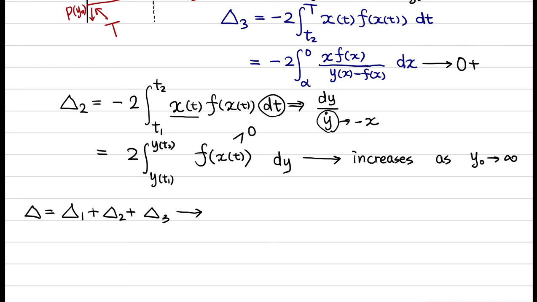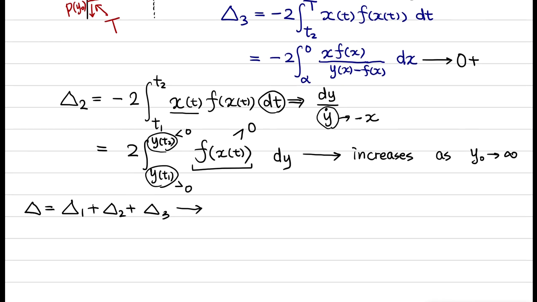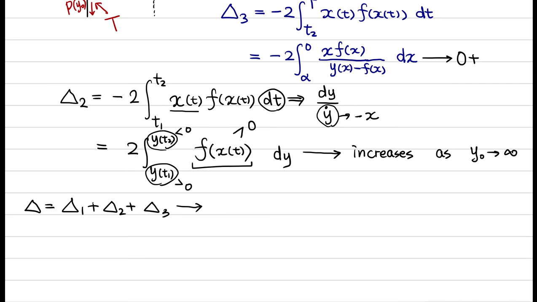So for delta 2, the integrand is positive, but y(t1) and y(t2), this is a positive number and this is a negative number. So the integral range is from positive to negative, so the integral will be negative, and it will increase in the negative direction. So it will actually decrease. It starts from a negative value, and it will keep decreasing.